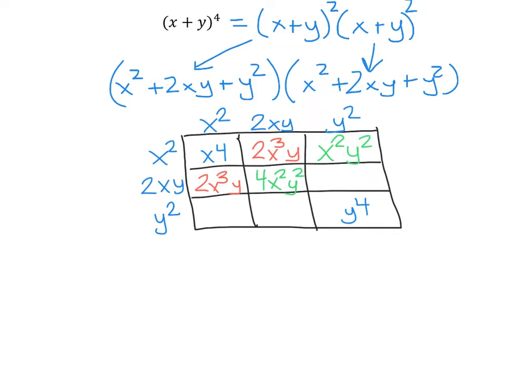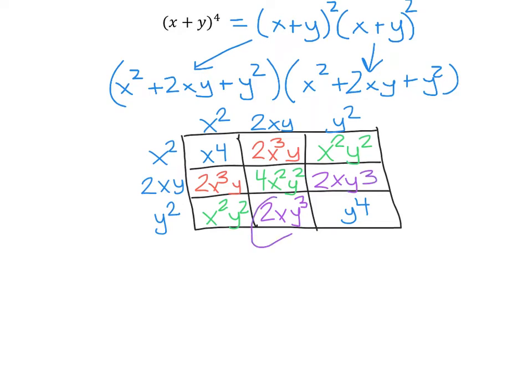And y squared times x squared is going to give me x squared y squared. I'm going to change colors again. Moving over here, I've got 2xy times y squared, which gives me 2x y cubed. And y squared times 2xy gives me 2x y cubed.